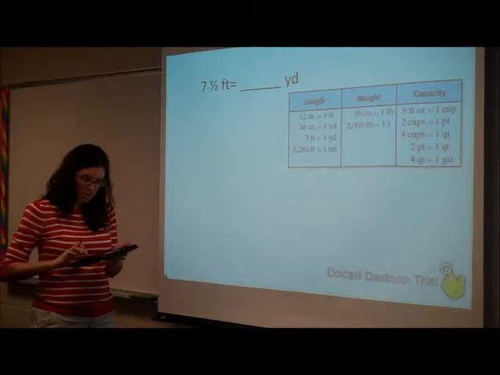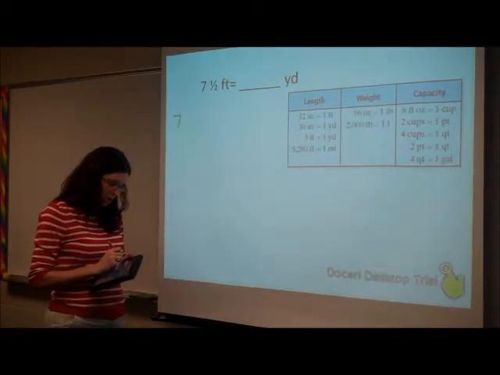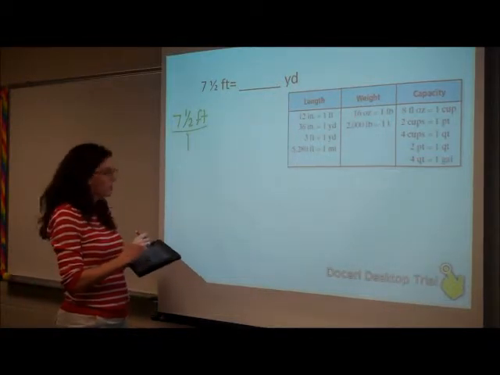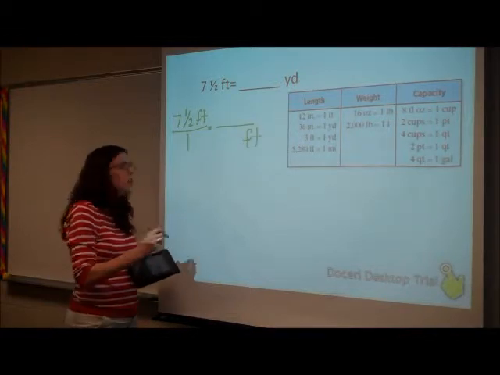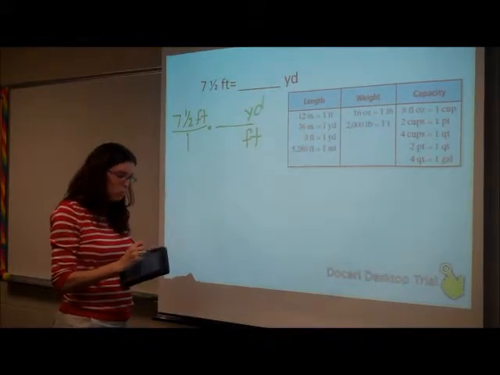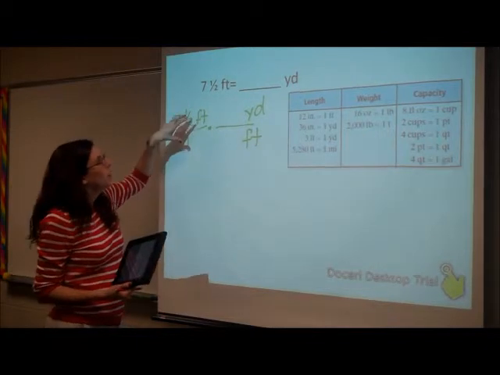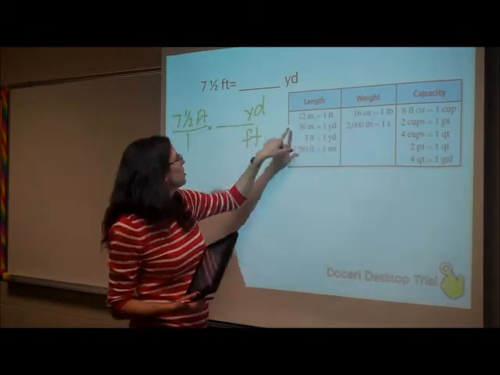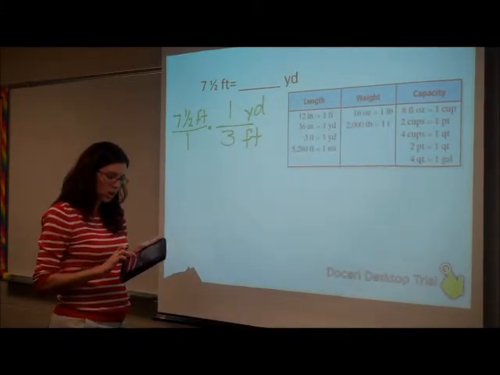If you did it by using the equivalent fraction, you would have 7.5 feet over 1. Okay? Put that over 1. We want to get rid of the feet, so it goes under here. Yards will go on top because that's what we're trying to get. So diagonal from each other. Now, what's our rate between these? So it's 3 feet are in 1 yard.